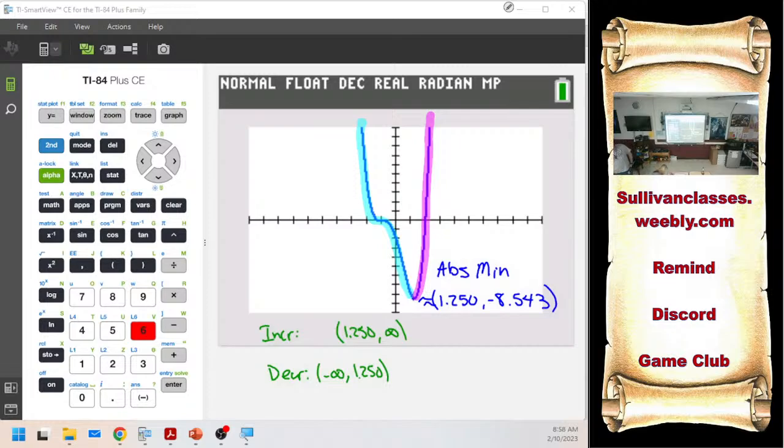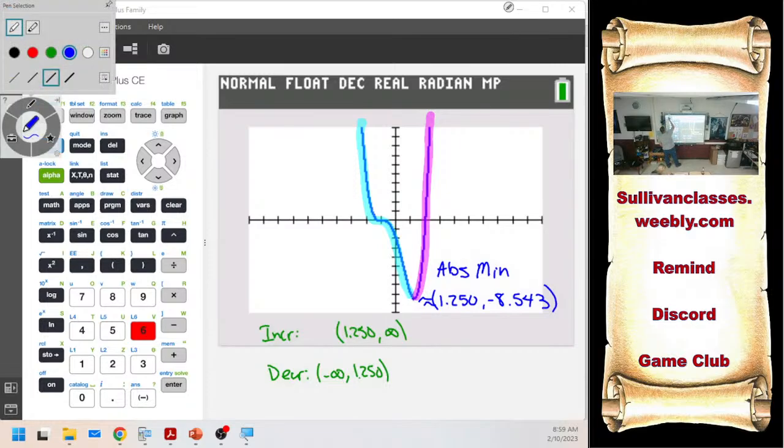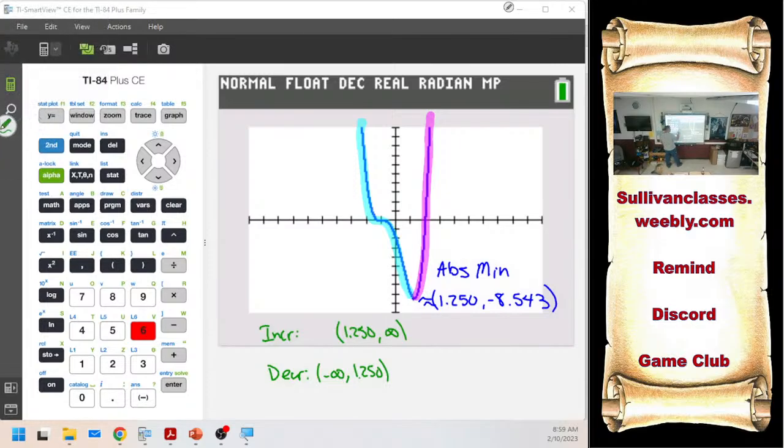Remember the increase-decrease thing? Some of us went cross-eyed on this because on the left-hand side, it looks like the graph is going up, right? Intervals of increase and decrease are as I go left to right. As I go across the graph this way, what is it doing?